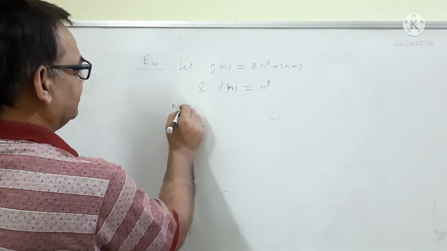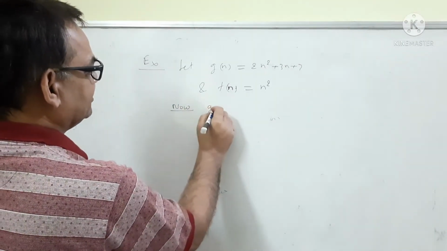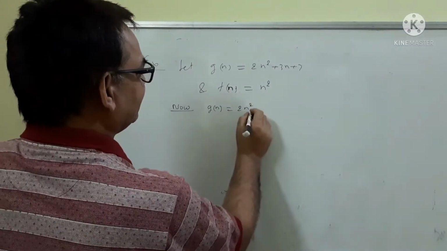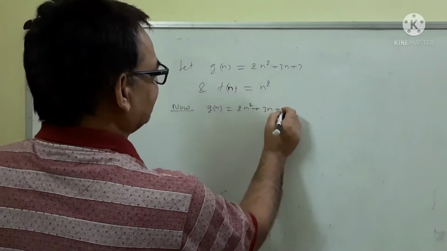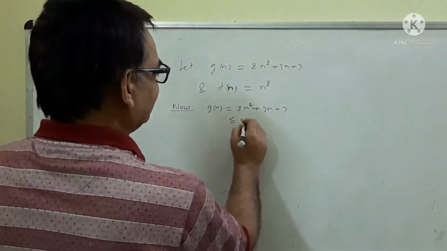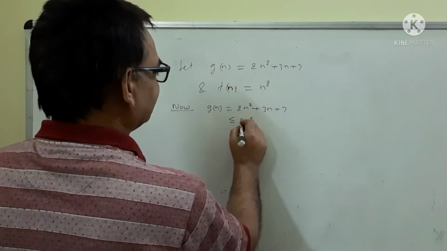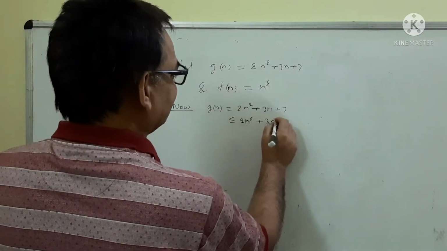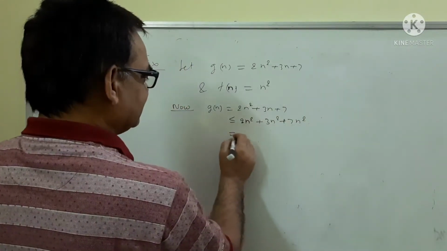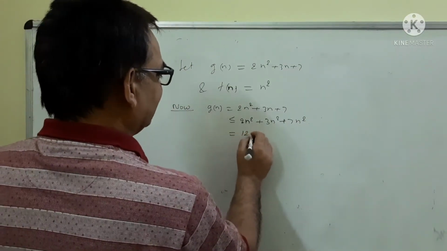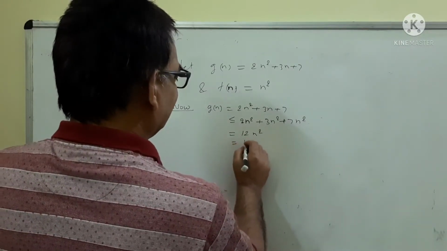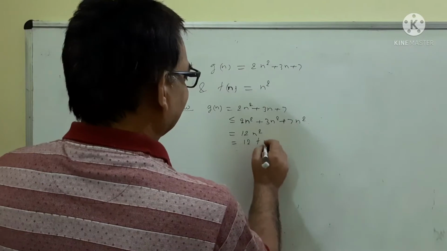Now Gn is equal to 2n square plus 3n plus 7, less than or equal to 2n square plus 3n square plus 7n square is equal to 12n square is equal to 12 Fn.